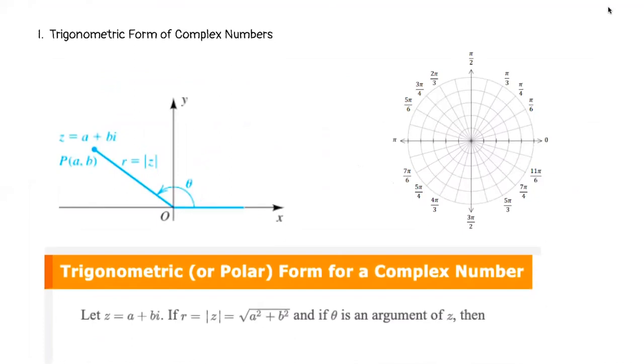So let's take a look at what we mean when we say the trig form of complex numbers. What we're going to learn in a little bit is something called the polar coordinate system, okay? And this is sort of a preview of that.